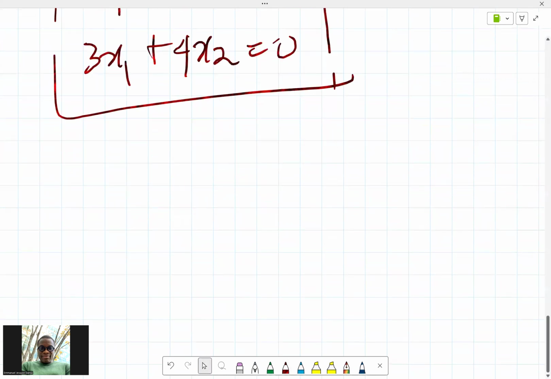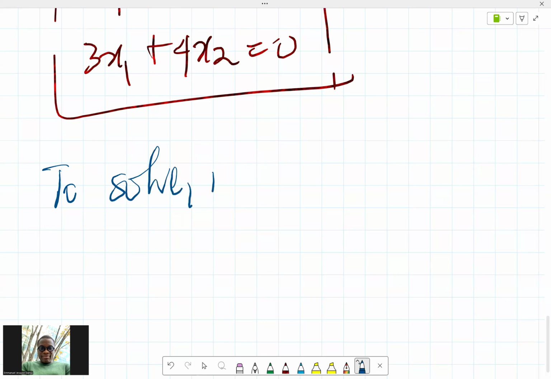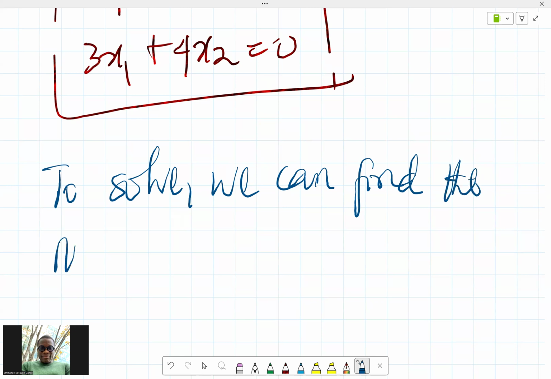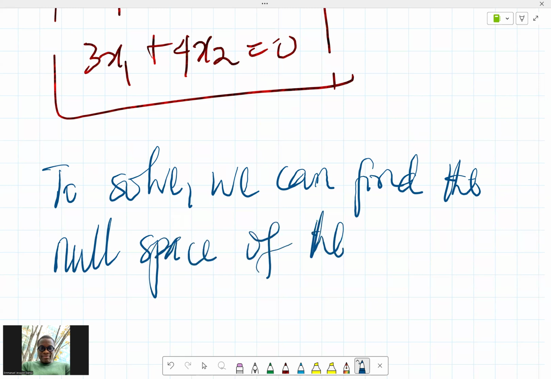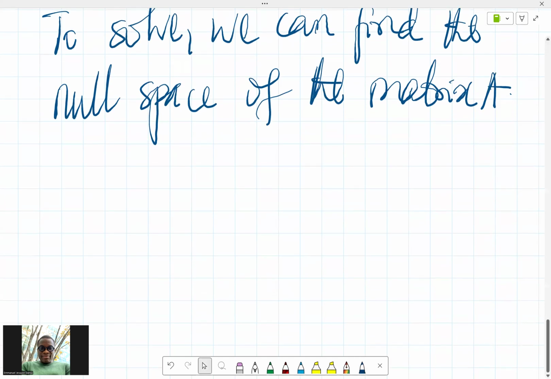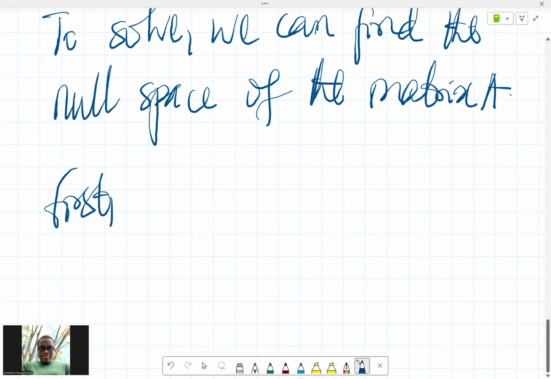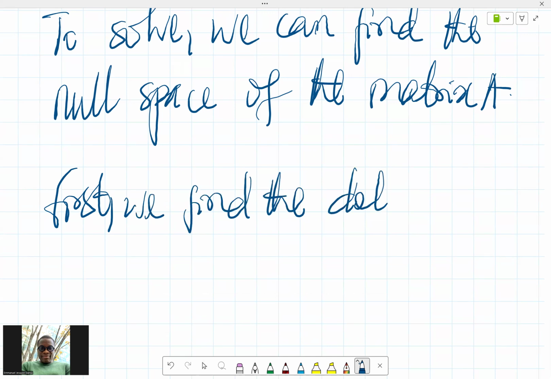So to solve, we can find the null space of the matrix A. So first, we find the determinant of A. I've done a lot of these kinds of things under my very first playlist, which is on matrices.